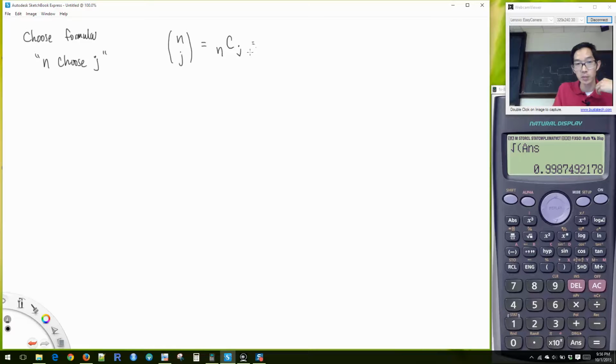And this basically means, with a sequence of n total and j successes, how many arrangements are possible?